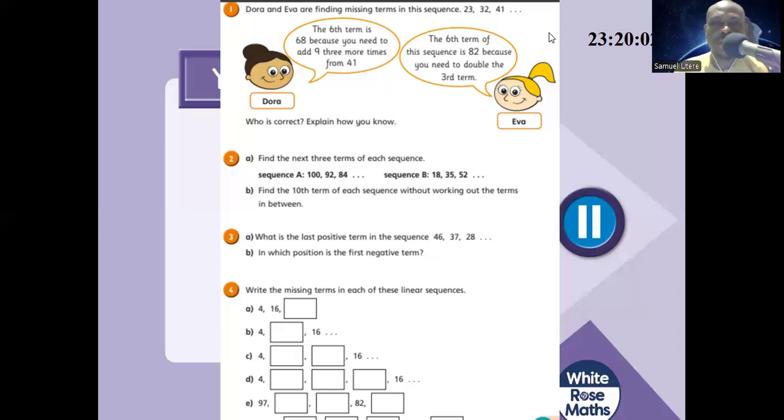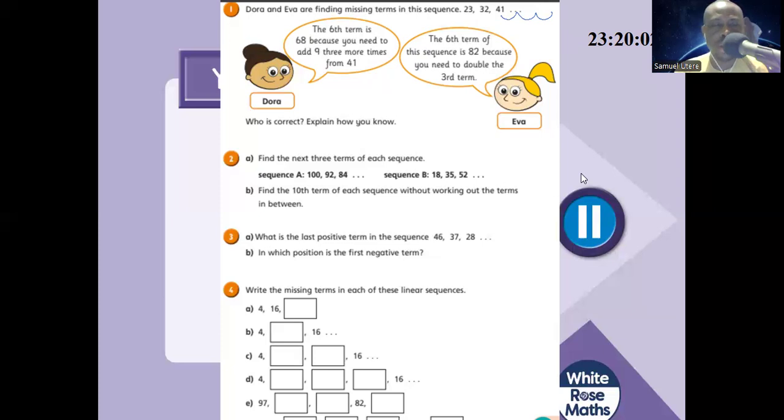Of course, Dora is correct because to get from the third term to the fourth term, we need to add 9. To get to the fifth term, we need to add another 9. And then from the fifth to the sixth term, we need to add another 9. So Dora says we need to add 9 3 more times. So she's right.